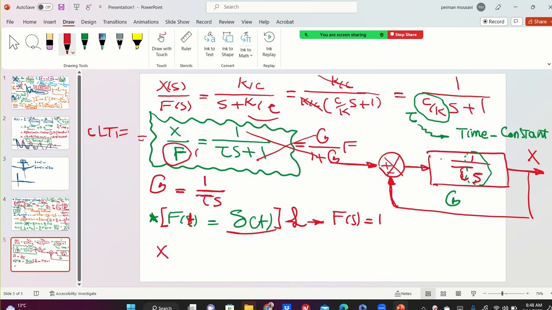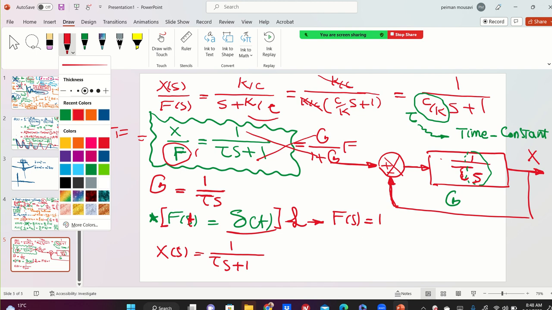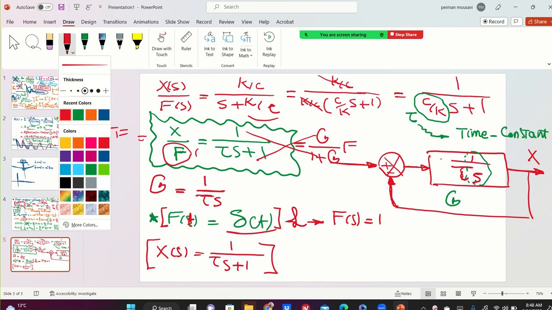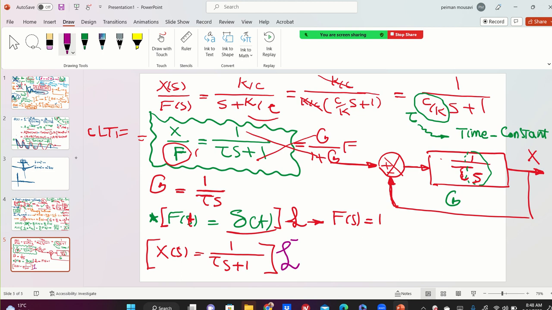So the output of the spring and damper, X(s), is 1 over tau s plus 1, because I'm going to find the solution. Now we have it. So now I want to go back from the frequency domain to the time domain. What am I going to do? I just taught you today. Yes, Laplace inverse.